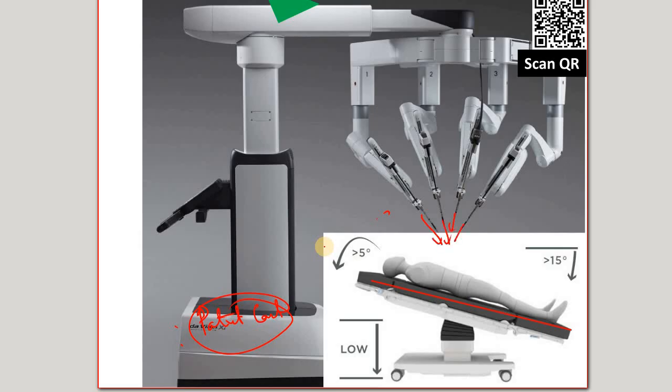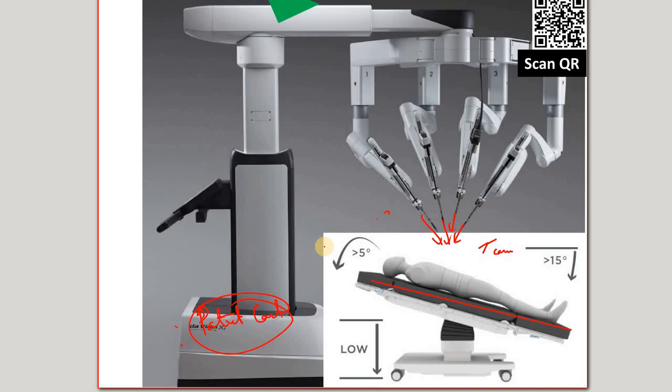Now there are 4 arms of Da Vinci Z, right, and all these arms can have different types of instruments. They can be clippers, there can be a camera. I will show it to you in a minute. So basically the patient cart positions itself next to the patient. That's why the name patient cart.